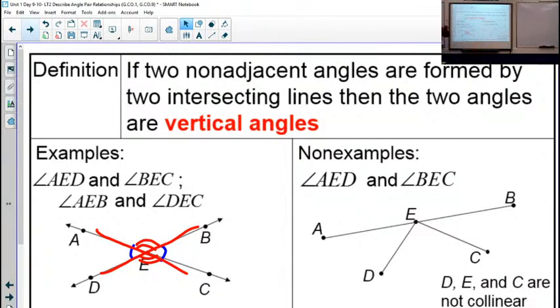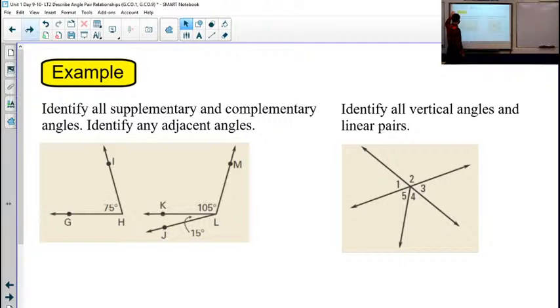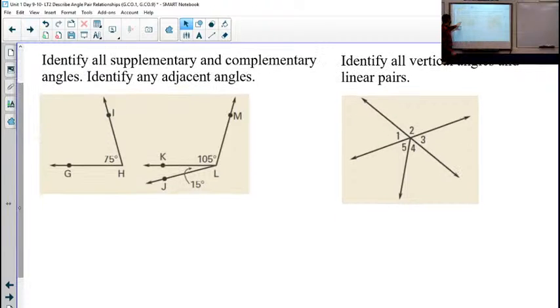So to end with, I want you to check your own vocab knowledge here and try these two. So here's the hint I'll give you: on the first diagram, you should be looking for complementary, supplementary, and adjacent.